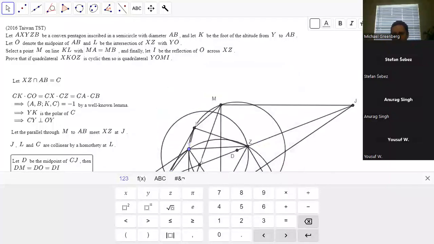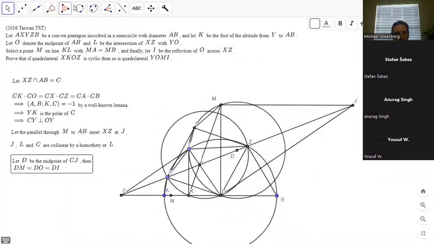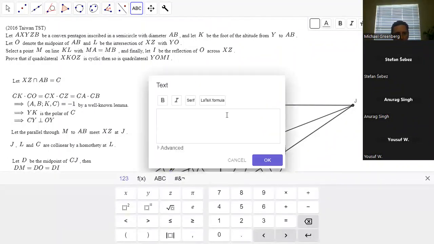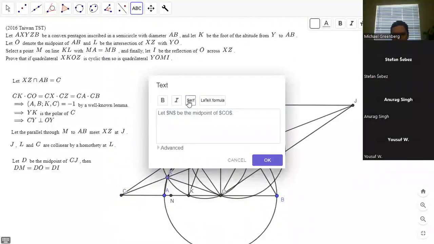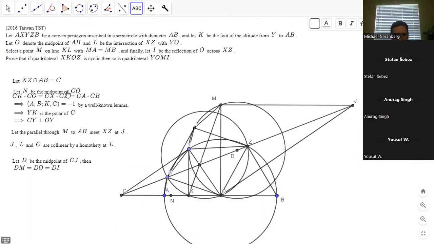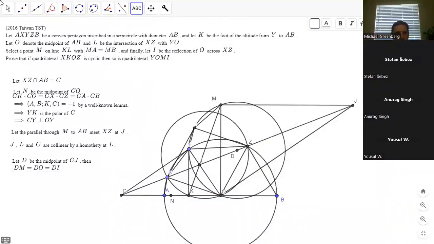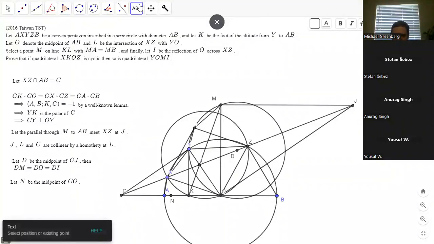And then we use point N. So let N be the midpoint of CO. And then NZ is parallel to OJ.